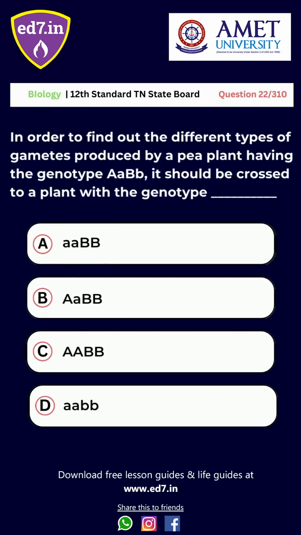Question number 22. In order to find out the different types of gametes produced by a pea plant having a genotype capital A small a, capital B small b, it should be crossed to a plant with a genotype option A, small a, capital B, option B, capital A small a, capital B, option C, capital A, capital B, option D, small a, small b.